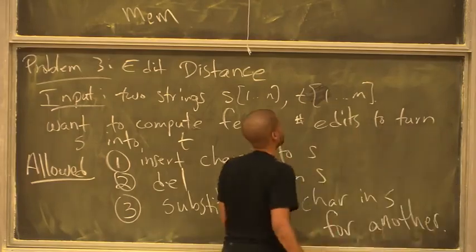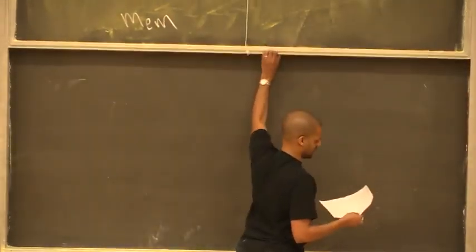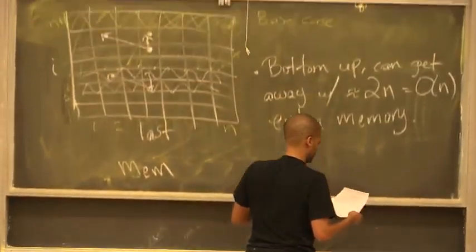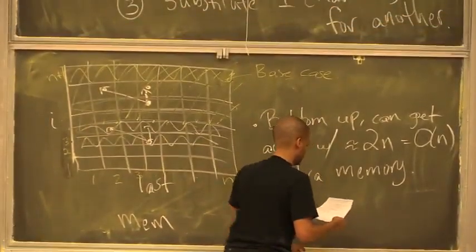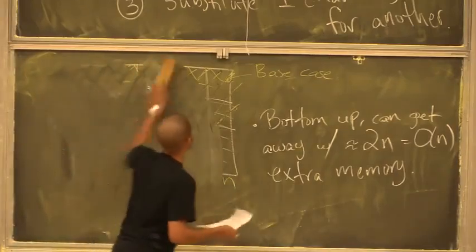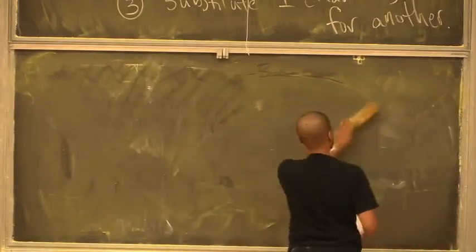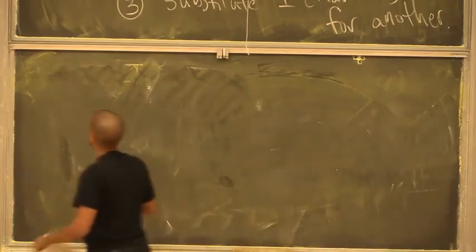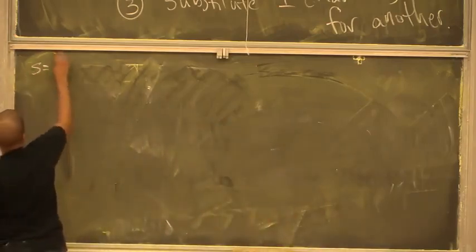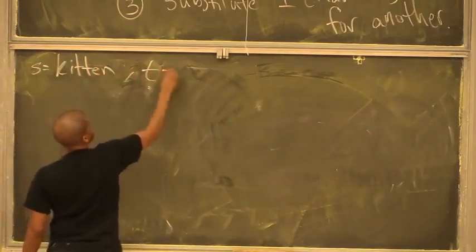So as an example, let's say S is kitten, and T is equal to sitting.